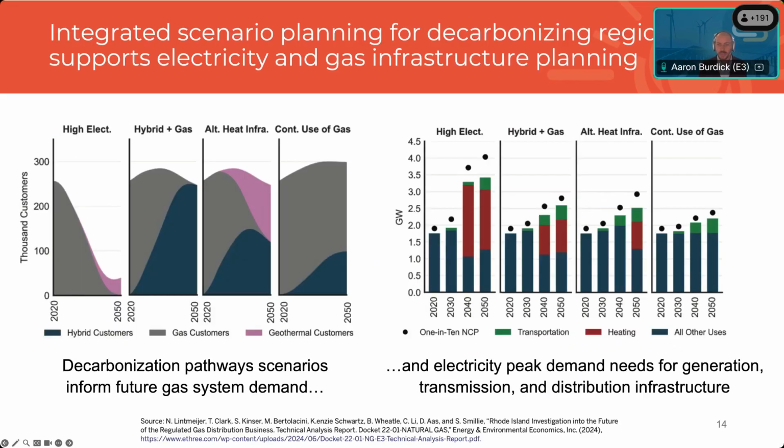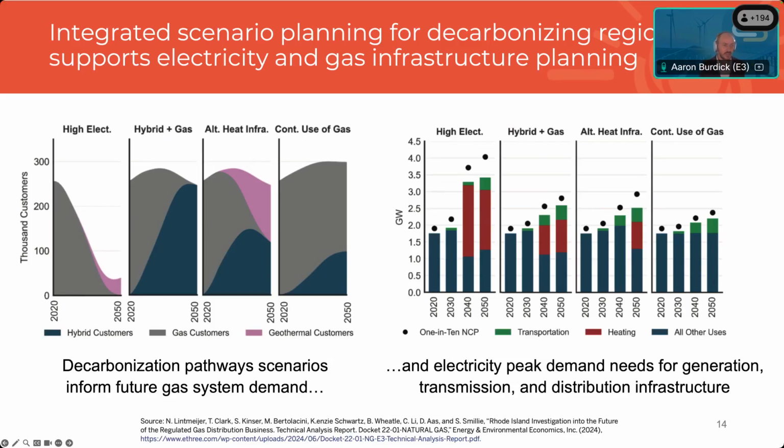And in the paper, we include an example of some work that E3 did in this space in Rhode Island a few years ago. And so here we show 4 different integrated scenarios that inform planning for the gas system and for electricity system needs. So you can see here, these all are varying degrees of decarbonization, and that impacts the gas system significantly.